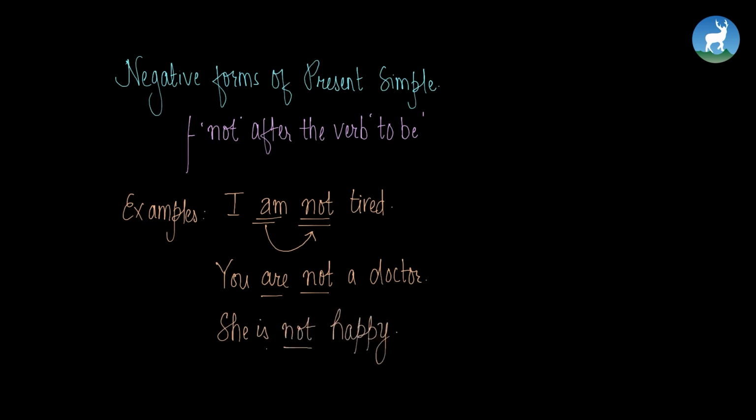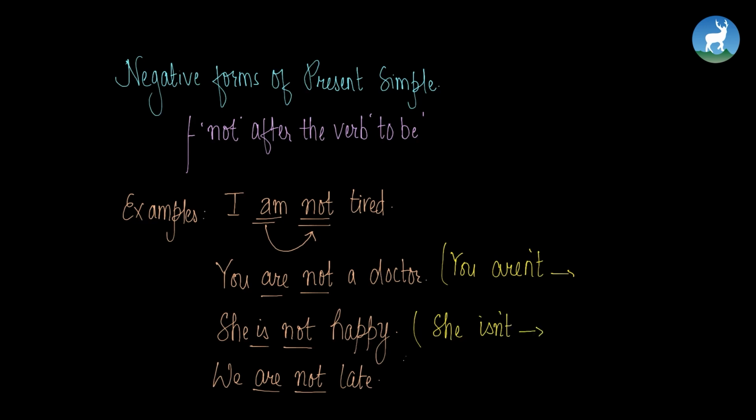We used not after is. We are not late. Here too we used not after are. You could also write it using the contracted form: you aren't, she isn't, we aren't. So whatever you feel easy doing, you may use that form.